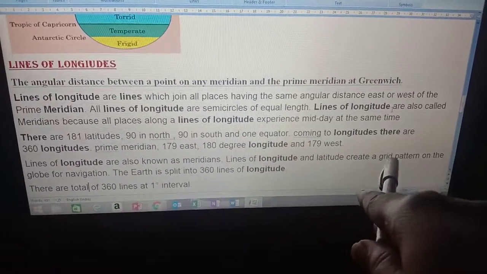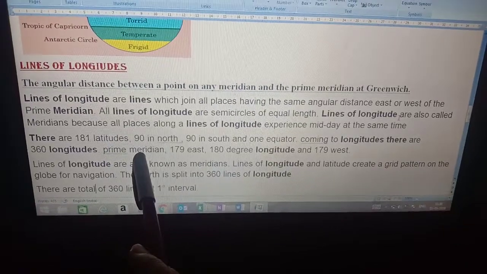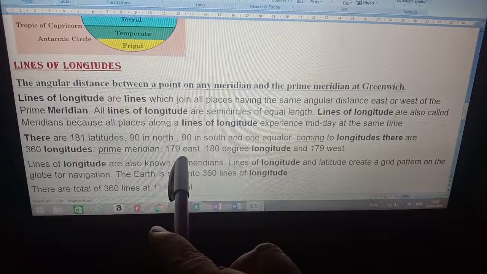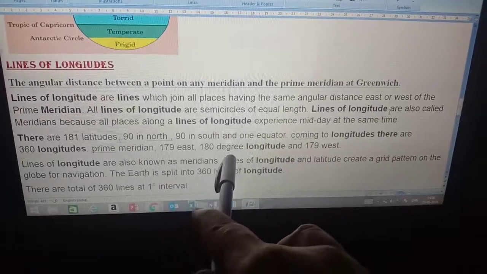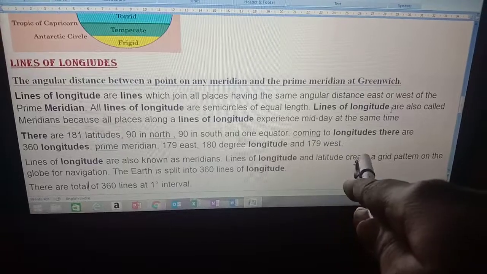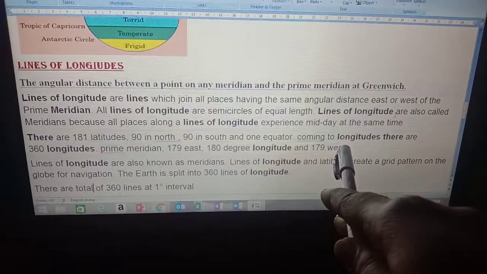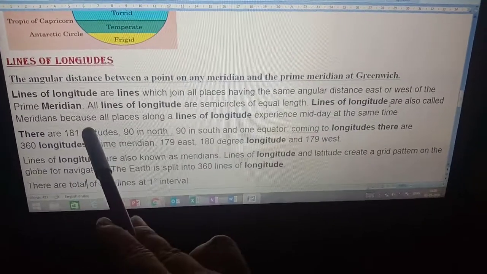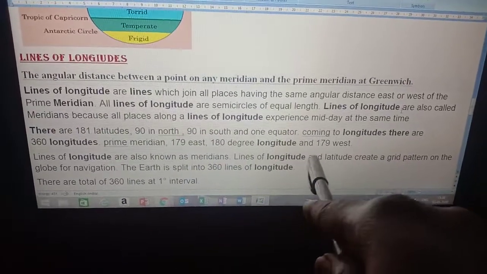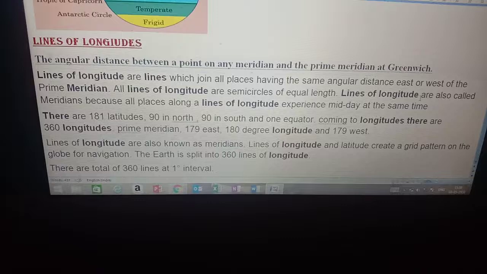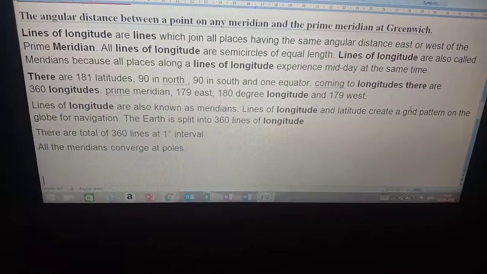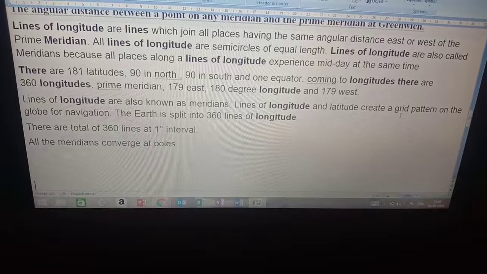Coming to longitude, there are 360 longitudes, including one prime meridian, 179 east, 179 west, and the 180 degree longitude. Lines of longitude are also known as meridians.